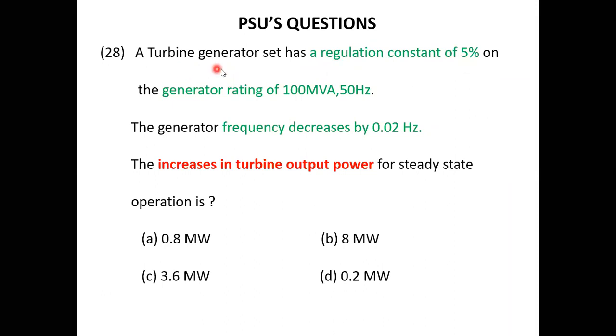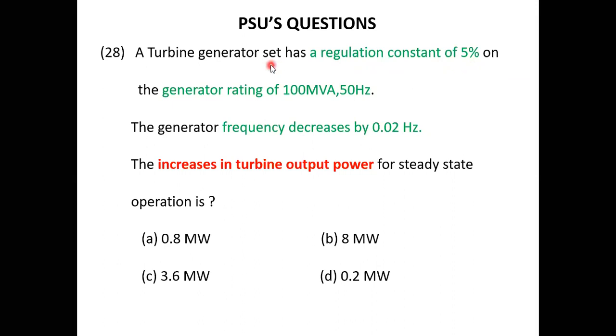When you are considering a turbine generator set, this regulation is related to the speed. When we take speed, that regulation can also be considered as frequency regulation. So in this case, a regulation constant of 5% means we can consider this 5% as frequency change.